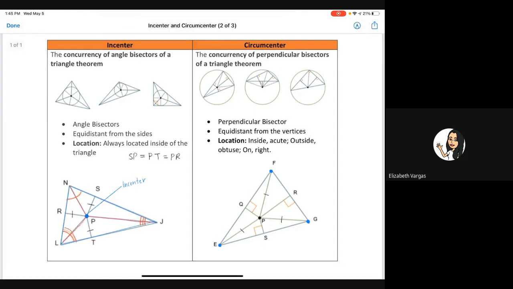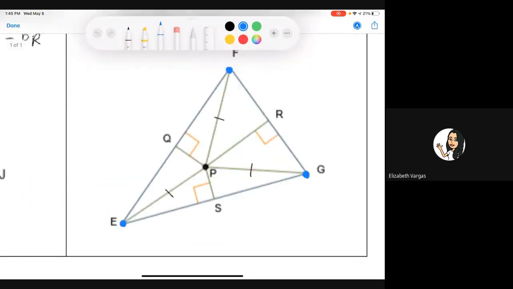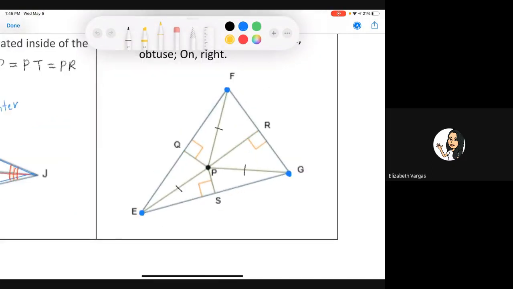Okay. And so circumcenter deals with perpendicular bisectors. So you'll see all these perpendicular bisectors. And what the theorem told us was that the point where all those perpendicular bisectors meet is equidistant from all of the vertices of the triangle.